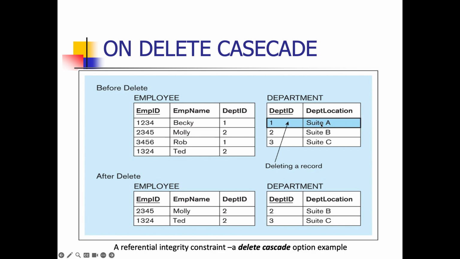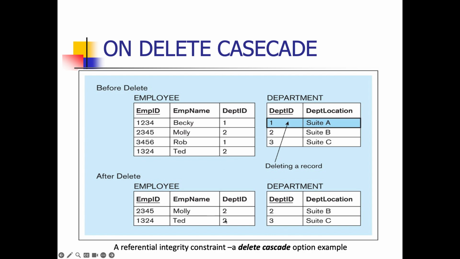Now I selected on delete cascade. Cascade means it cascades everything from the parent to the child, right? So for instance, if you delete the department ID 1 here, in the other table that it is connected to, that is the employee, wherever the department ID is 1, that row is completely deleted. So the result of employee will be this.